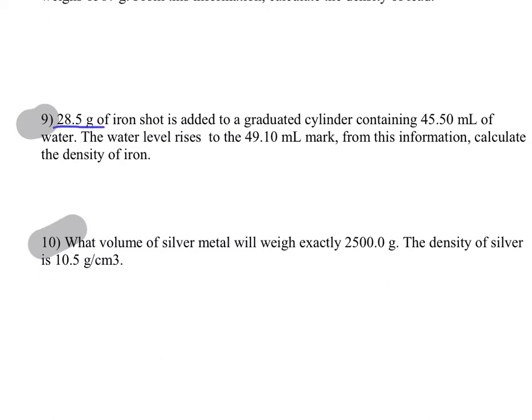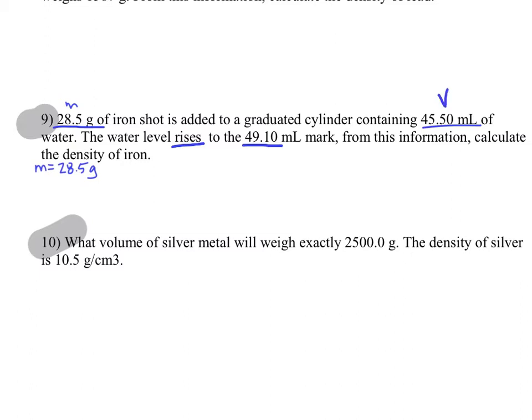So those are just small pieces of iron. This is mass. Okay, so you know the mass. We'll write it over here, 28.5 grams. It's added to a graduated cylinder containing 45.5 milliliters of water. And then it says when you put the iron into the graduated cylinder, the water level rises to 49.10.